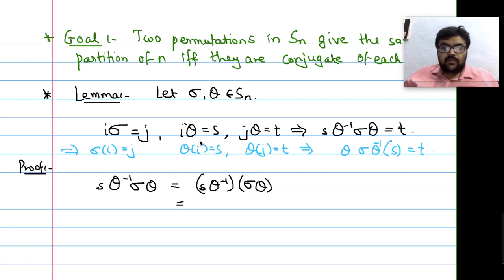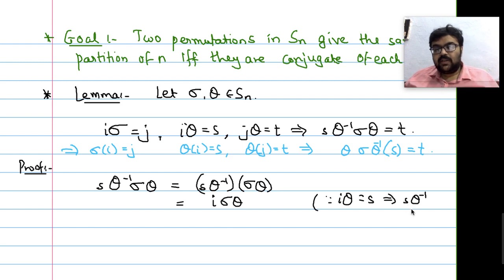Theta of I equals s. So theta inverse of s equals I. So this is I, and we have sigma theta. Since theta of I equals s, this implies theta inverse operated on s, writing the argument on the left-hand side just like Herstein, equals I.